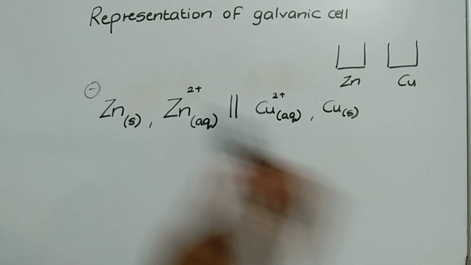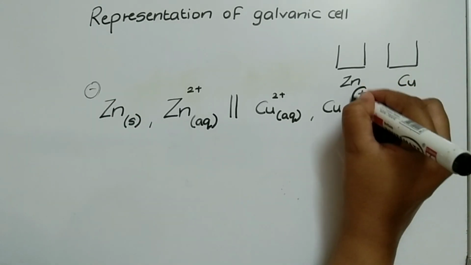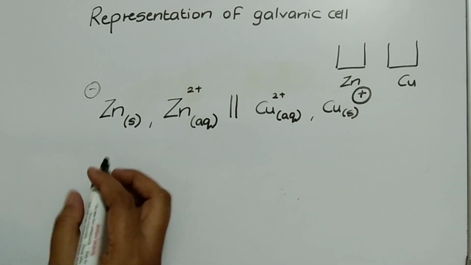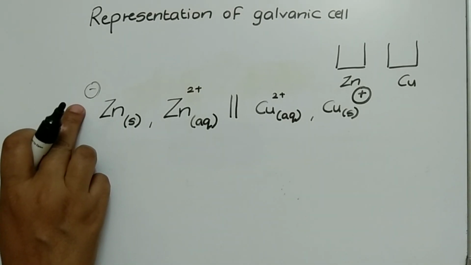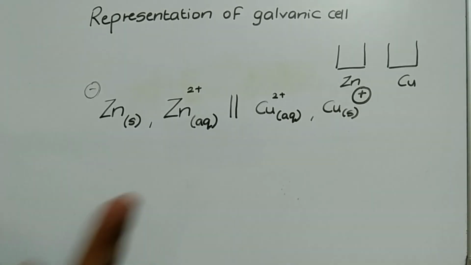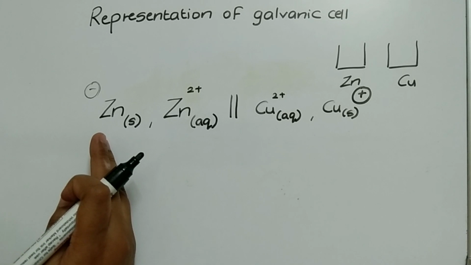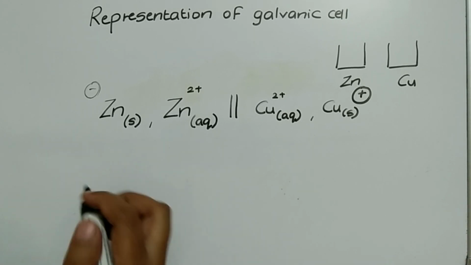On the left hand side a negative sign is put because the anode acts as the negative electrode here, and positive one, that is the cathode, on the right hand side. Right?